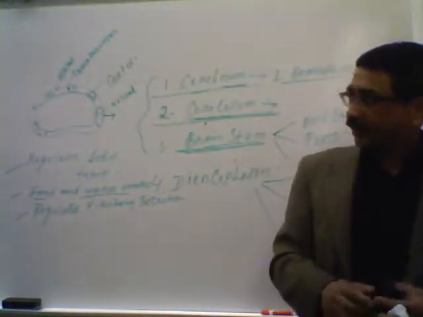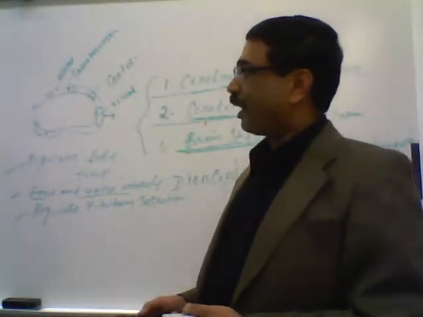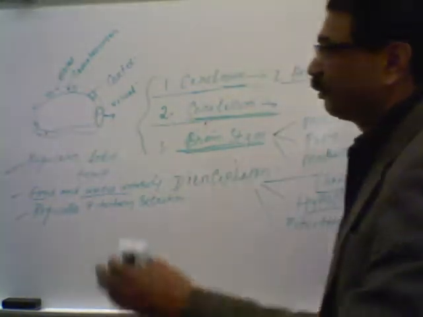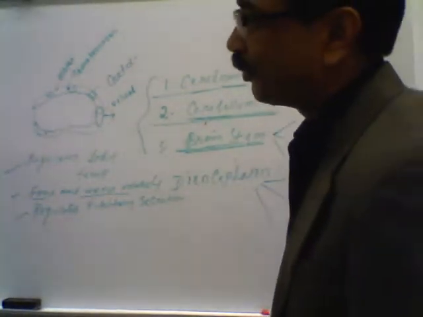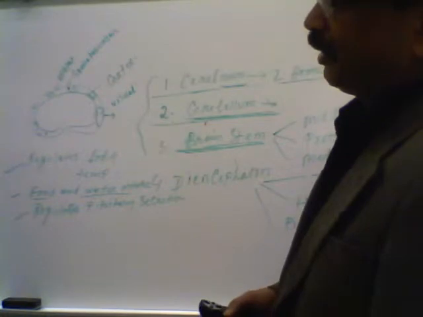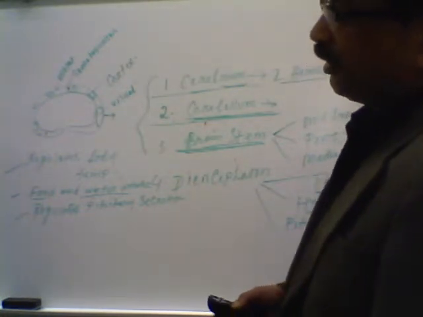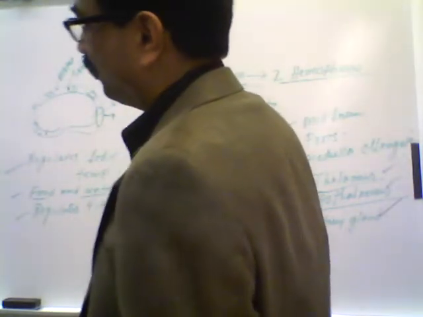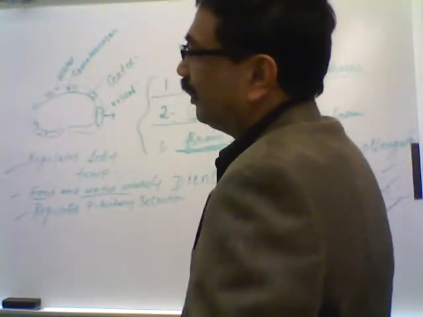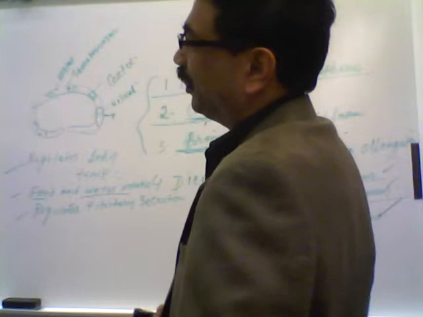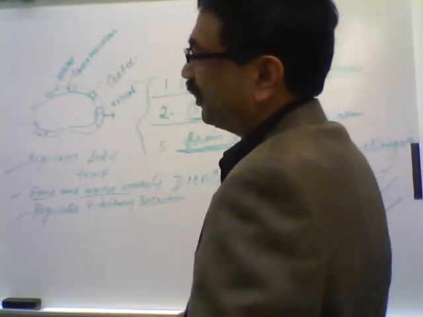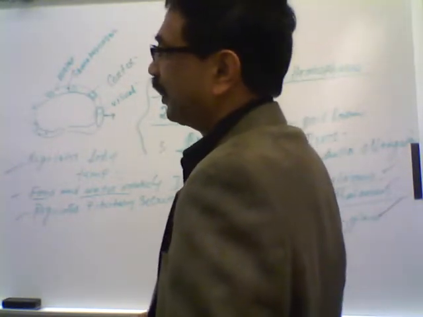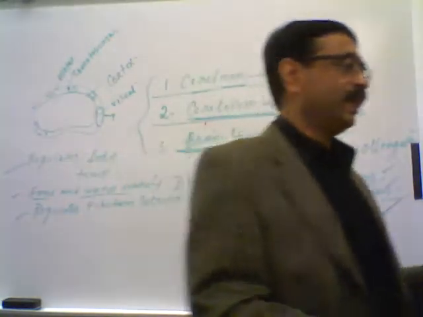Okay, so here you see those parts of the brain. Cerebrum. You are looking from the side, so you can see one hemisphere. Then posterior and inferior of the cerebrum, you have the cerebellum. And then inside the brain, you have diencephalon, which consists of the thalamus, hypothalamus, and pituitary gland.